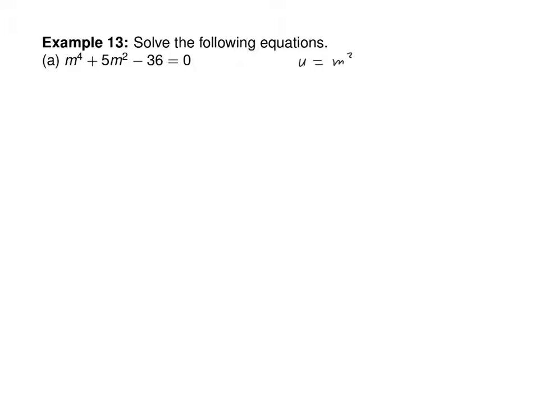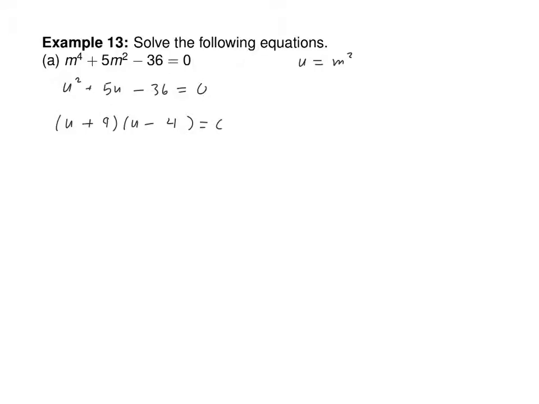You don't have to do this if you can figure this out without that. So this would become u squared plus 5u minus 36. Does that make sense? Which is now reduced to something that you can actually handle, right? I think that's u plus 9, u minus 4.